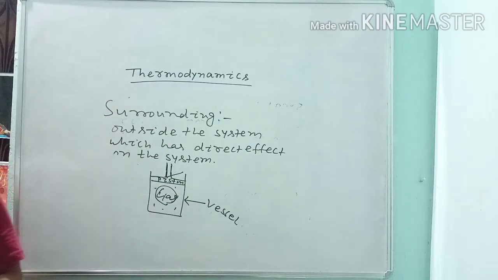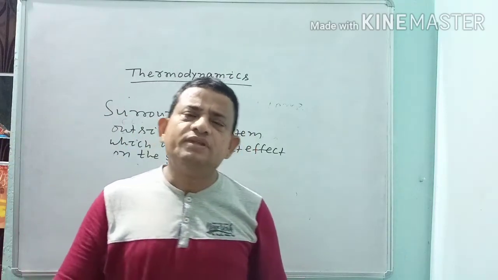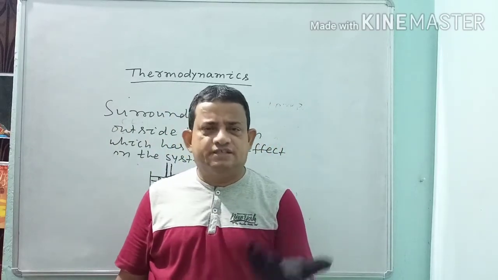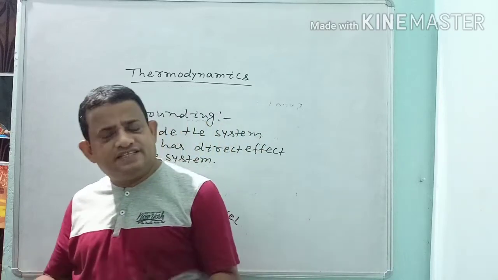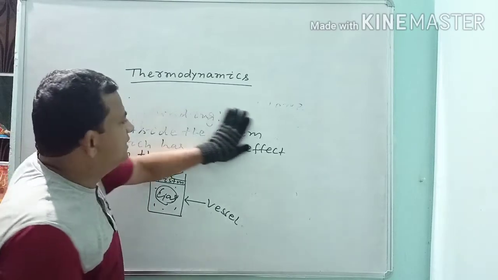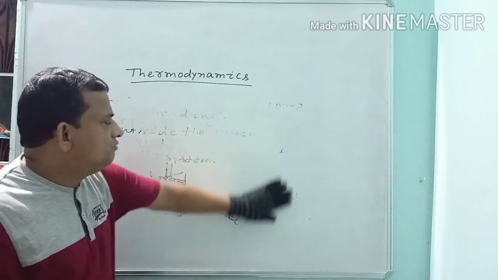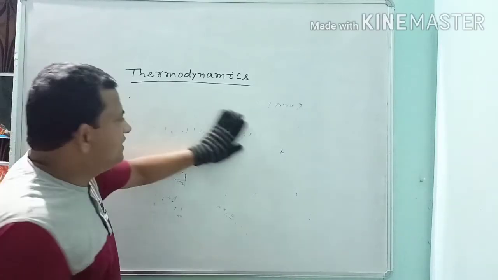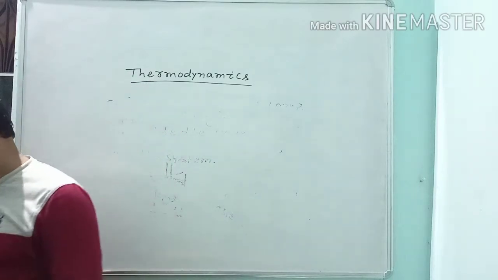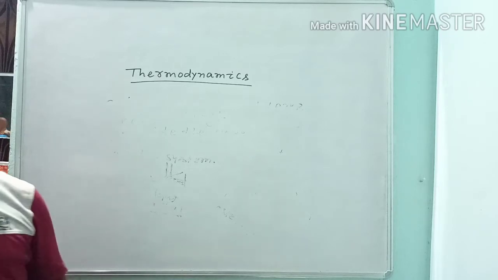Next part is your thermodynamic variables. Students, in physics there are so many variables like your distance, displacement, speed, acceleration, etc. But what is this thermodynamic variables? Like your pressure, volume, temperature. These are known as your thermodynamic variables.